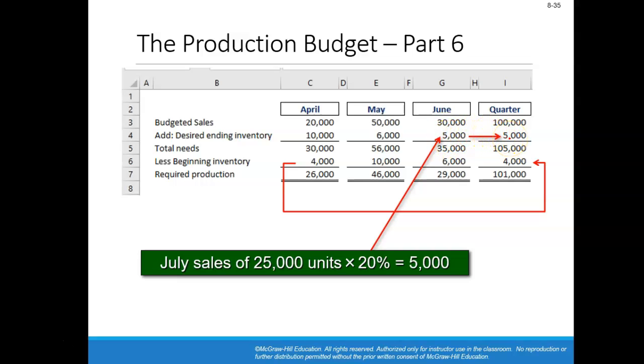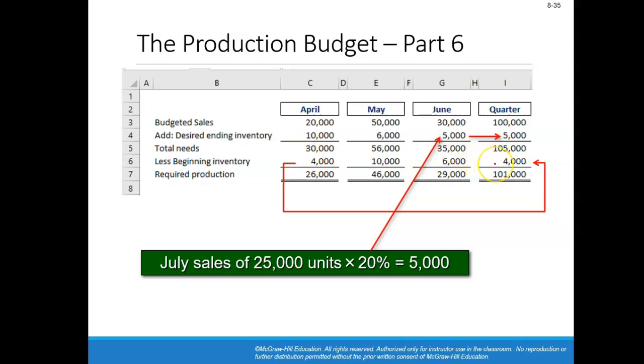That 5,000 represents 20% of the expected sales for the next month. Which means we need a total of 105,000 units. However, we had 4,000 available at the beginning of the quarter. So the beginning inventory is here. On March 31st, we begin with 4,000 units at the beginning of the quarter.